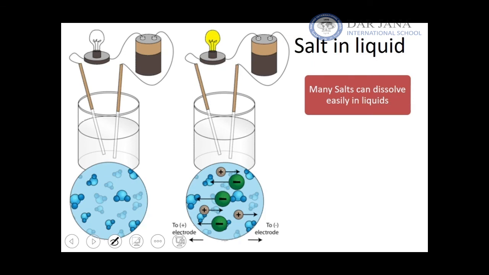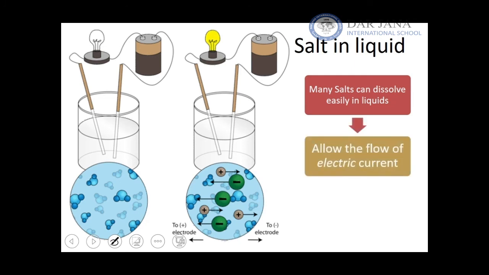Now, salt in liquids. Many salts can dissolve easily in liquids. But the most important thing about these salts is that once they dissolve in a liquid, they will release their ions. For example, sodium chloride: if you dissolve it in water, it will release sodium ions, Na+, and chloride ions.